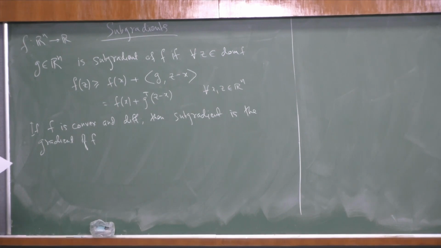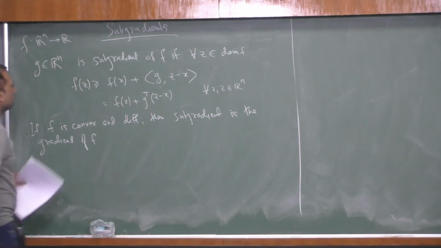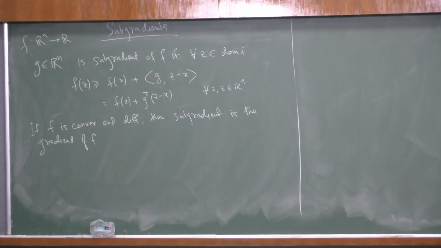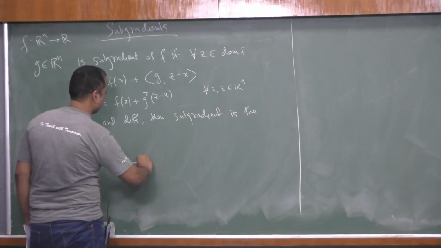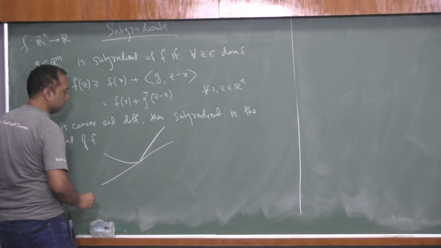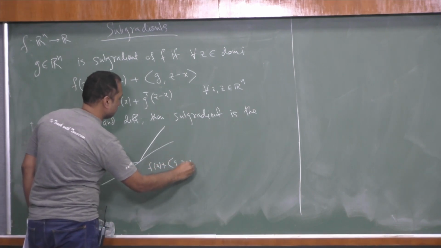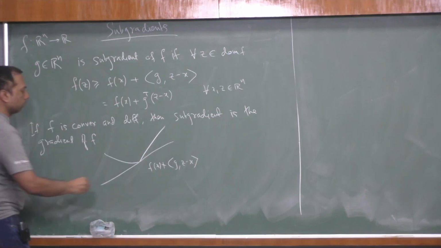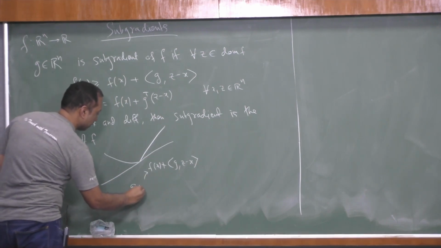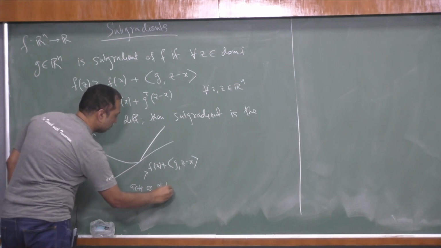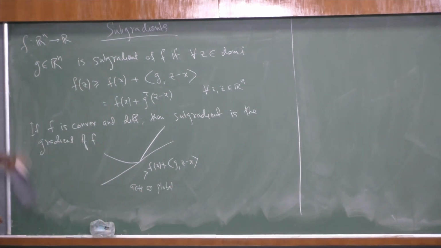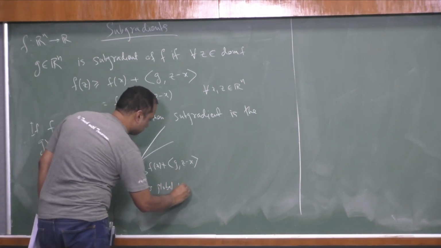As I have said before, this quantity here, f(x) plus g transpose (z minus x), is a global underestimator of the function at x. I draw this. So this is the line f(x) plus g transpose (z minus x). For the moment we keep f convex, so it acts as a global underestimator.